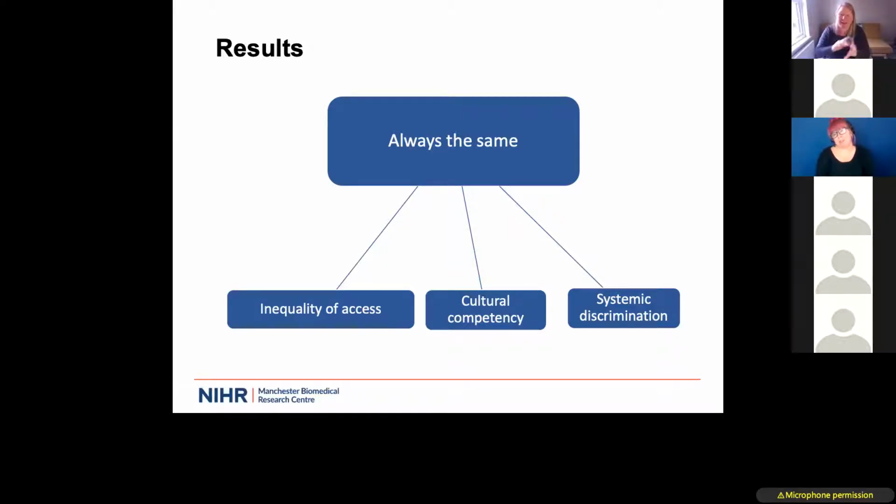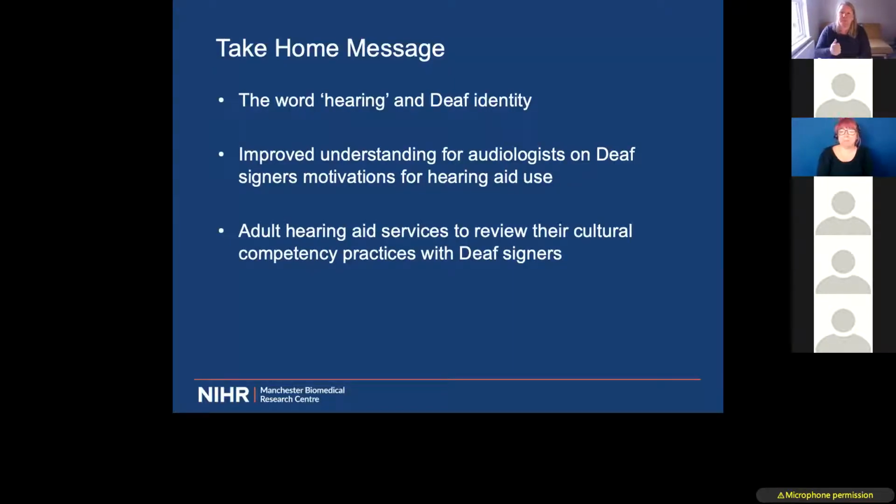So systemic discrimination, everything is hearing centred. For example, it's all sound-based, telephone booking system, patient feedback, speech is the main source of communication. So it's a one-size-fits-all approach for many of the audiology services.